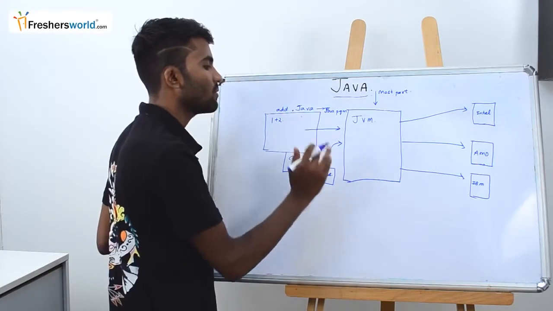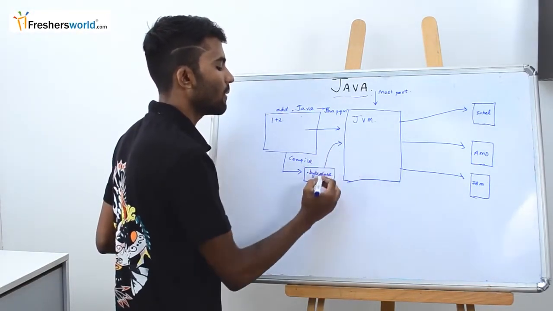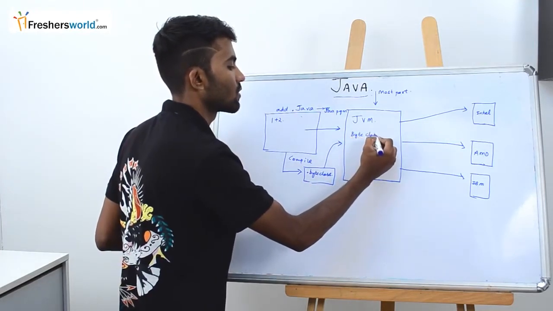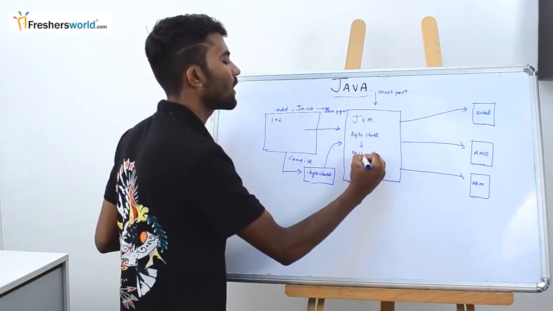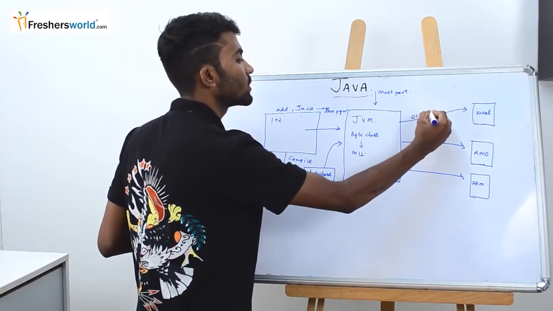Now the JVM is responsible to convert the byte class. The byte class would be converted to machine level languages, in other terms as 01, 10, 101.